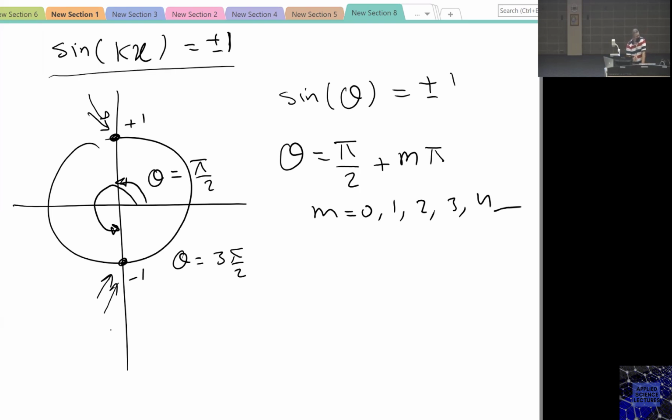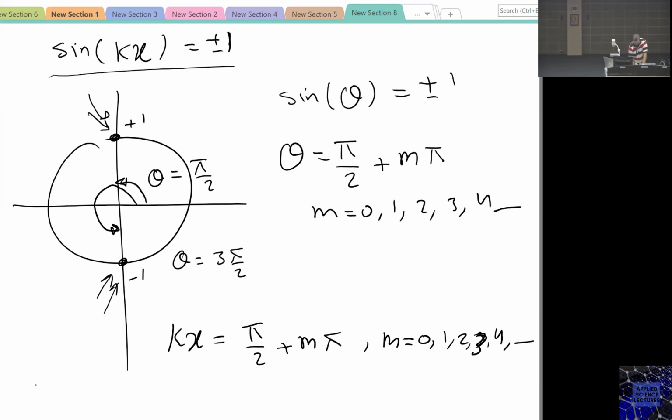So if I am to find now the solution again, since theta is kx, kx is the phase, then the solution would be kx equals pi over 2 plus m pi, such that m takes 0, 1, 2, 3, 4. Now, if I extend this, then kx as the first one, when m is 0, is pi over 2.